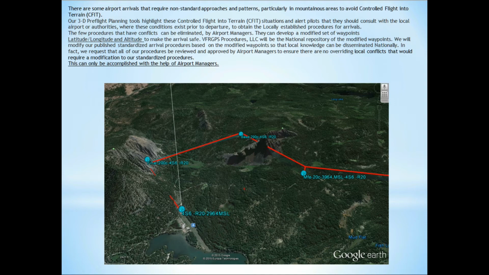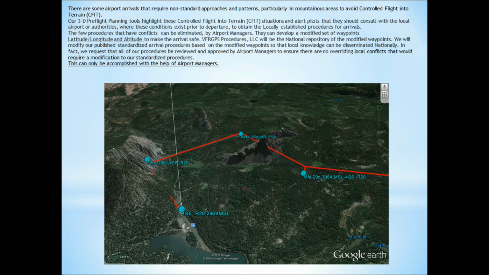The few procedures that have conflicts can be eliminated by airport managers. They can develop a modified set of waypoints, latitude, longitude, and altitude to make the arrival safe.